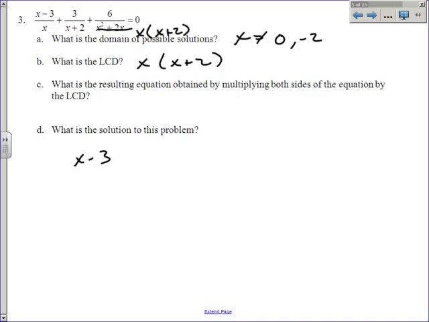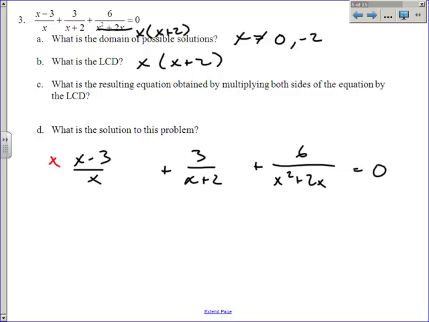I've got x minus 3 over x plus 3 over x plus 2 plus 6 over x squared plus 2x is equal to 0. And I'm going to multiply everything by x and x plus 2. Remember, this is x times x plus 2.